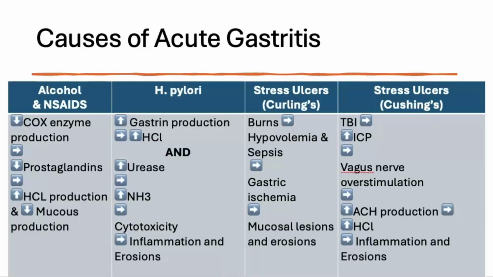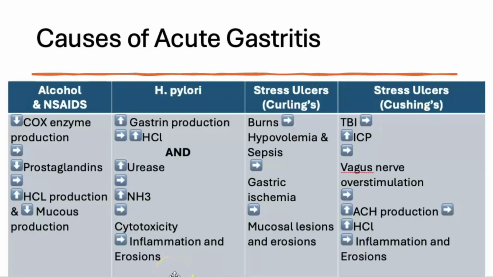There's an increase in urease, which leads to an increase in ammonia production, and that environment actually helps the H. pylori to survive. Okay, and then in turn, the bacteria releases toxins that damage the cells in the stomach, and that can lead to inflammation and erosions.